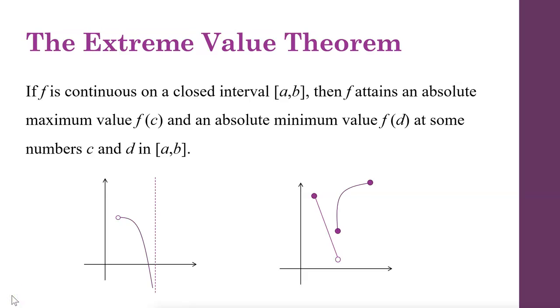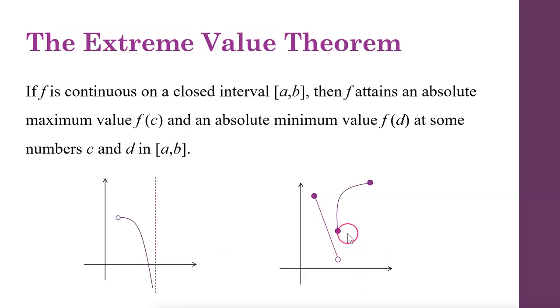So notice this doesn't mean that discontinuous functions cannot have an absolute max or a min. Only that we don't have a guarantee that the function does have a max or a min.